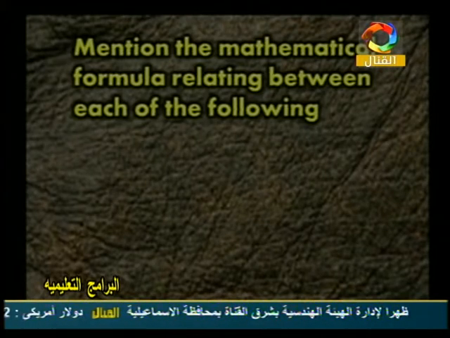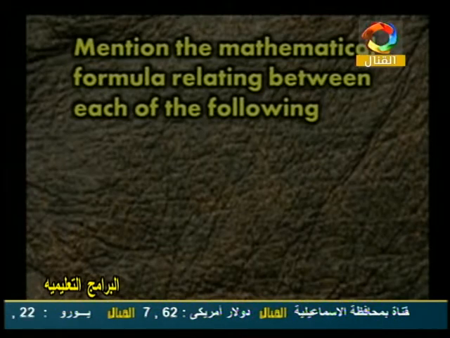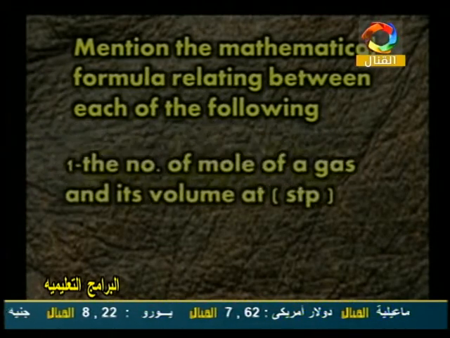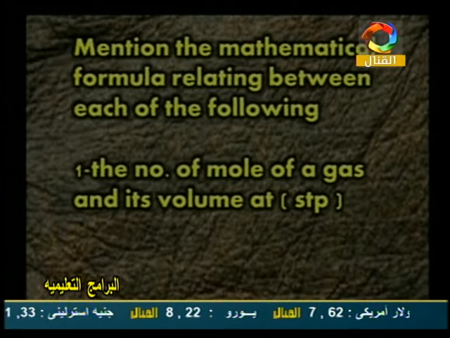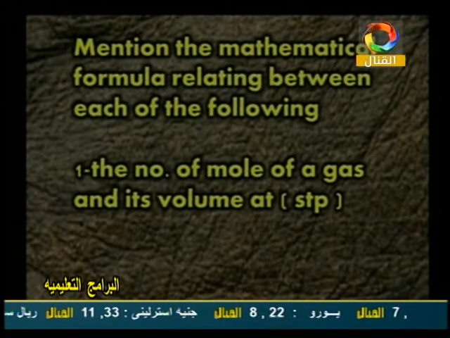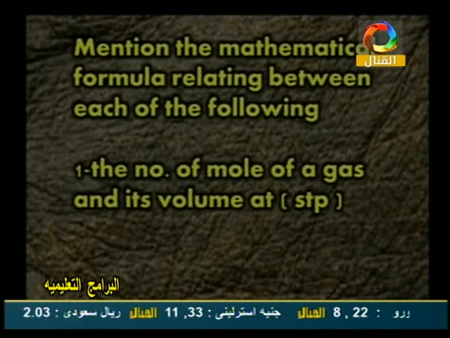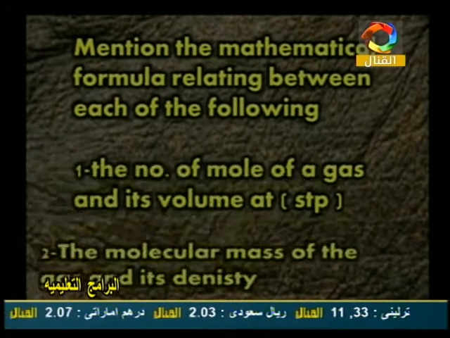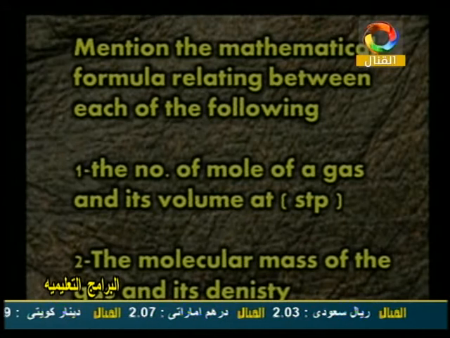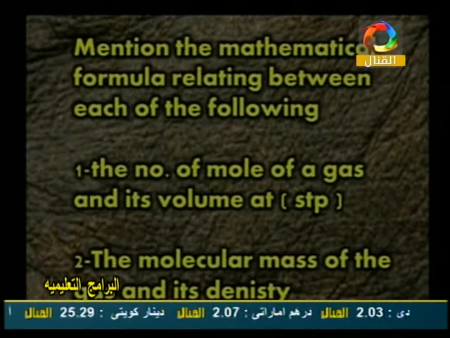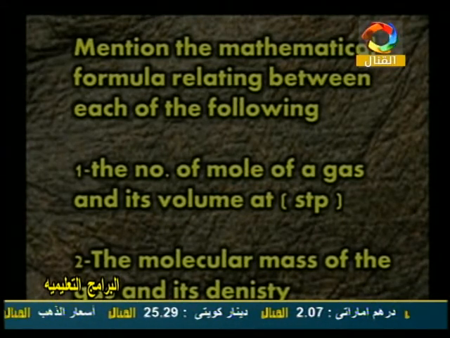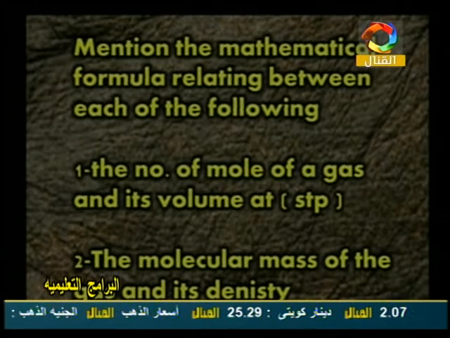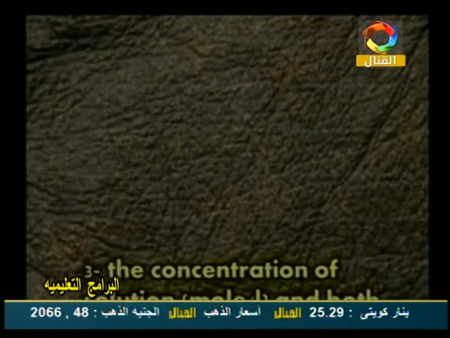Now, fly to this question. Mention the mathematical formula relating each of the following. For the first one, the number of moles of a gas and its volume at STP, standard temperature and pressure. Number 2, the molecular mass of the gas and its density. We can find them. Yes, it's very easy. Concentrate.